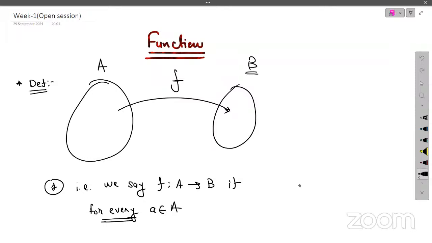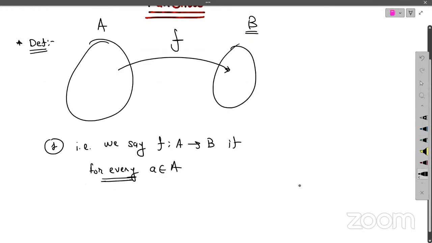Then only this map, or this correspondence, or this machine, we call it a function. So the first rule is that every element of A should be mapped.